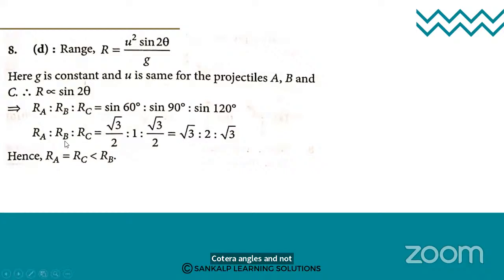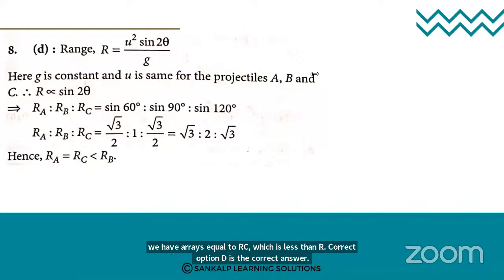Therefore, you will get the ratios RA, RB, RC as root 3 by 2 is to 1 is to root 3 by 2, or root 3 is to 2 is to root 3. So we have RA is equal to RC, which is less than RB. Option D is the correct answer. Yes, Madan and Vedavati, correct answer it is.